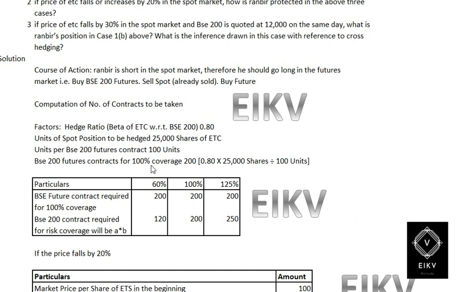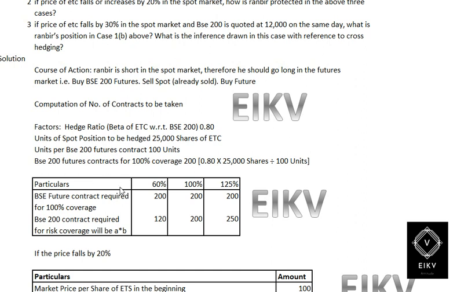For 100% coverage it would be 0.8 into 25,000 divided by 100, which would be 200 contracts.